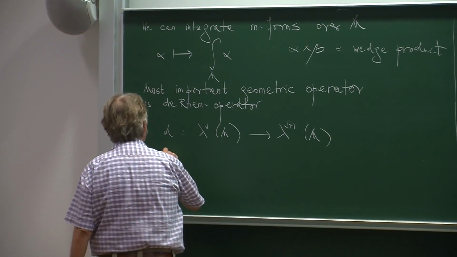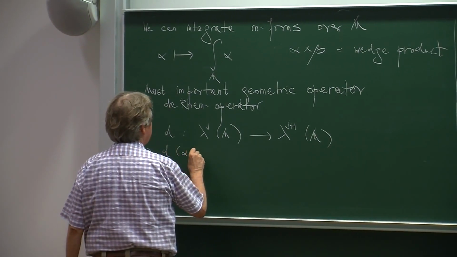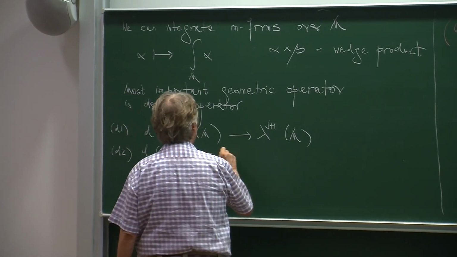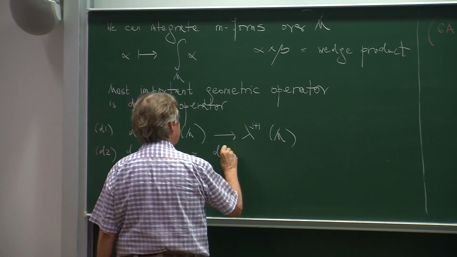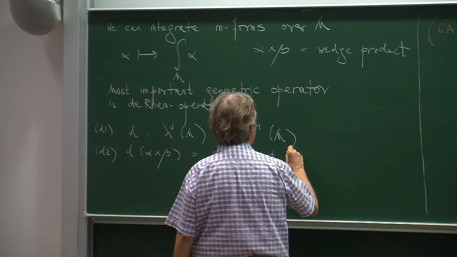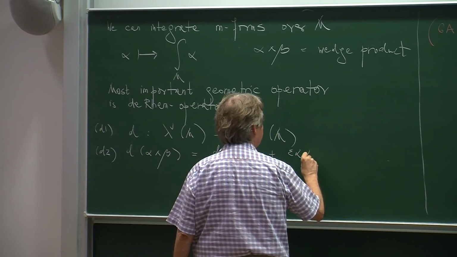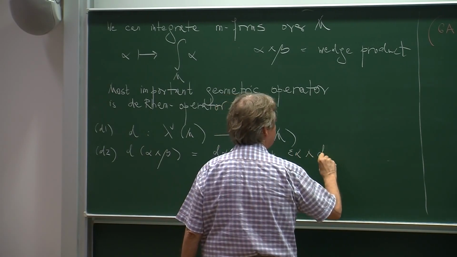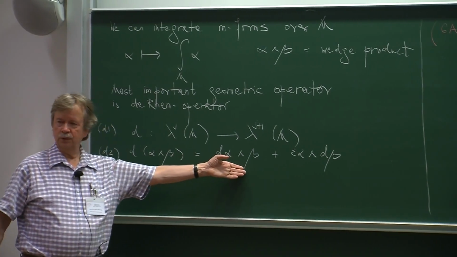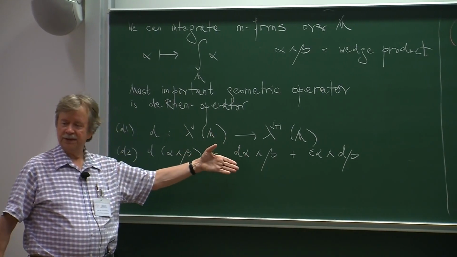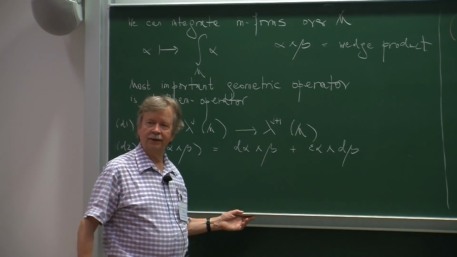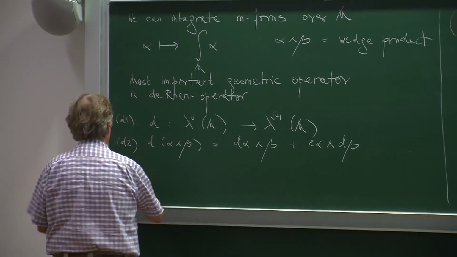So then we could analyze what this is. So this is d alpha wedge beta plus epsilon times alpha wedge d beta. This is a kind of derivation rule, a Leibniz type rule, except for this factor here, which takes care of the alternating.